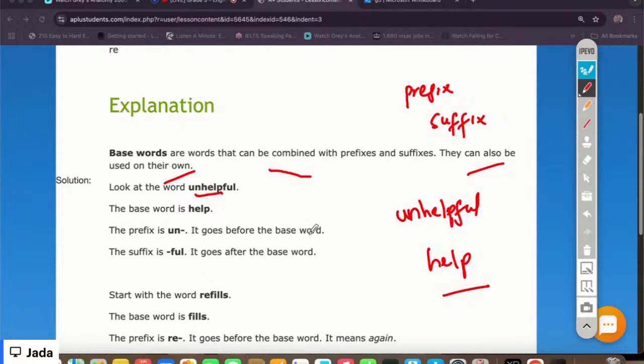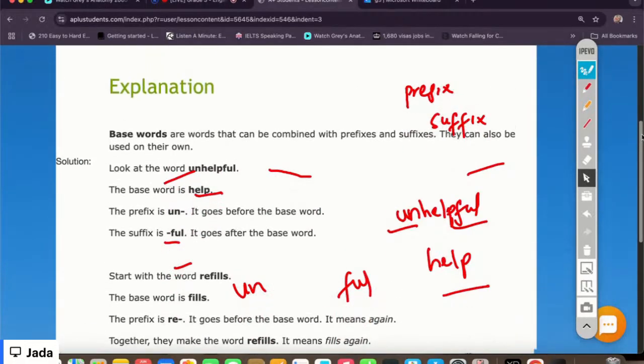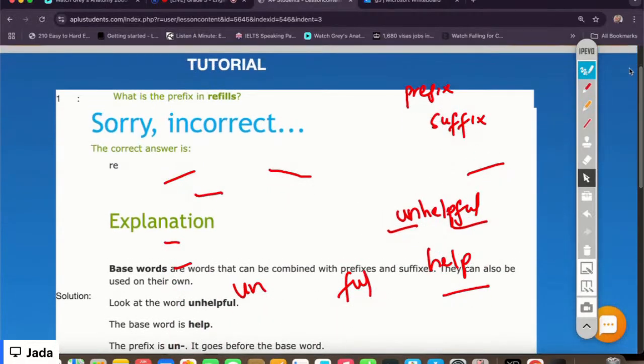Now un goes before the base word, so this is the prefix. And then ful goes after the base word, which is the suffix. So even without the prefix or the suffix, help is already a word. That's what we mean when we say base word.